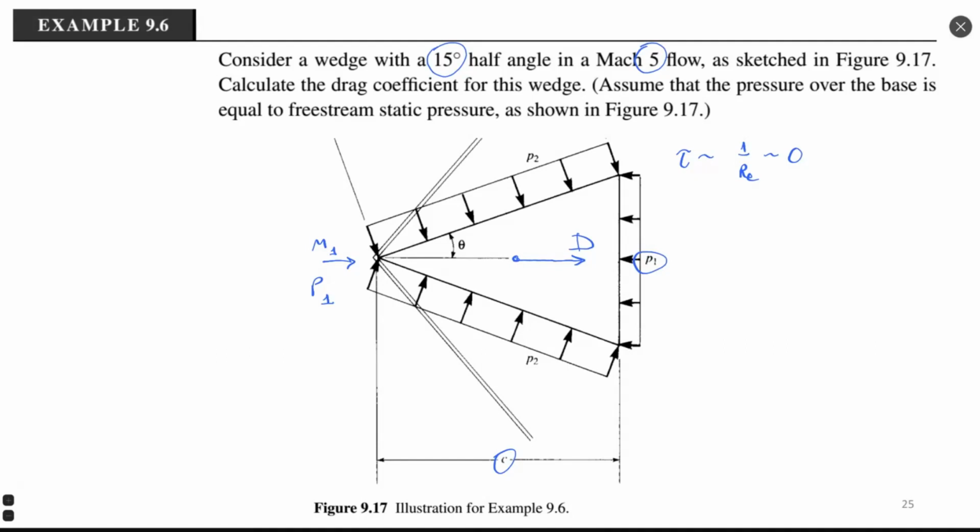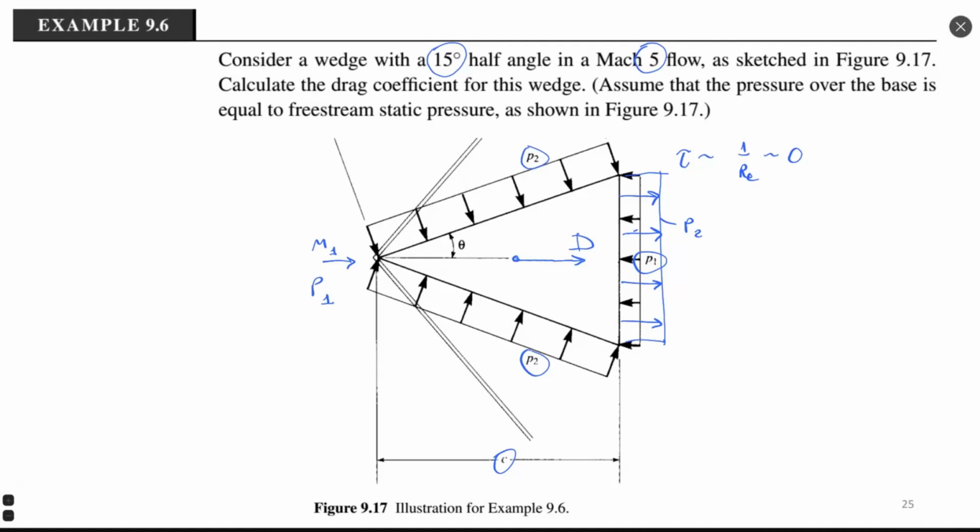And I will see that the projection of P2 on the upper and lower side will result in such a distribution of force going against my wedge. Okay, what I draw here is the pressure projection of P2.